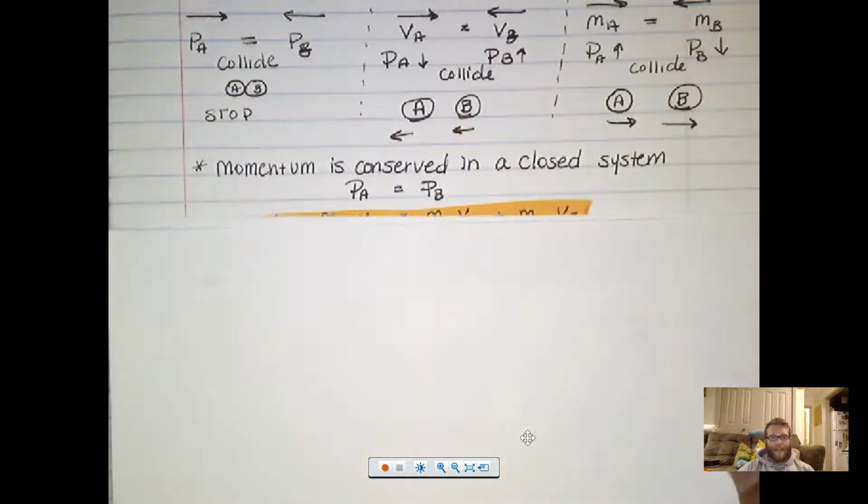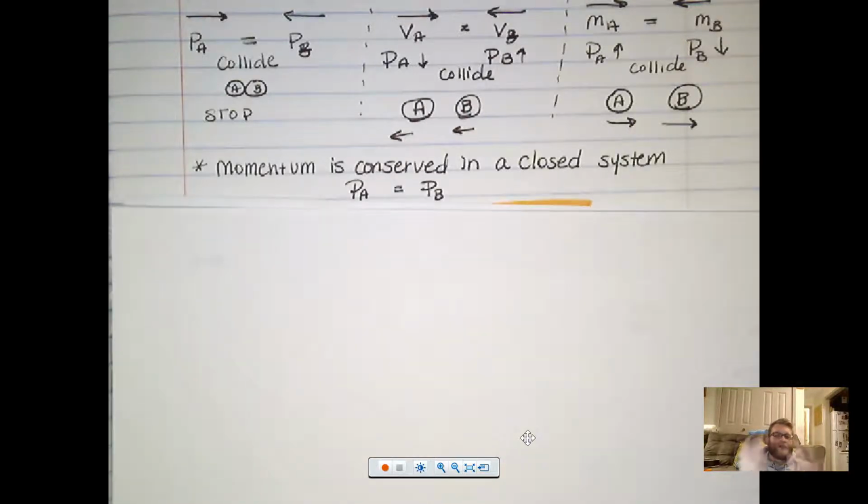So what we say is that momentum is conserved in a closed system. Given everything we've learned so far, like friction is gone and forces aren't acting on anything externally, if just two objects are going directly at each other and colliding, that momentum is conserved in that system. So the amount of momentum before the objects collide should be the same as the momentum after they collide. Nothing is lost.